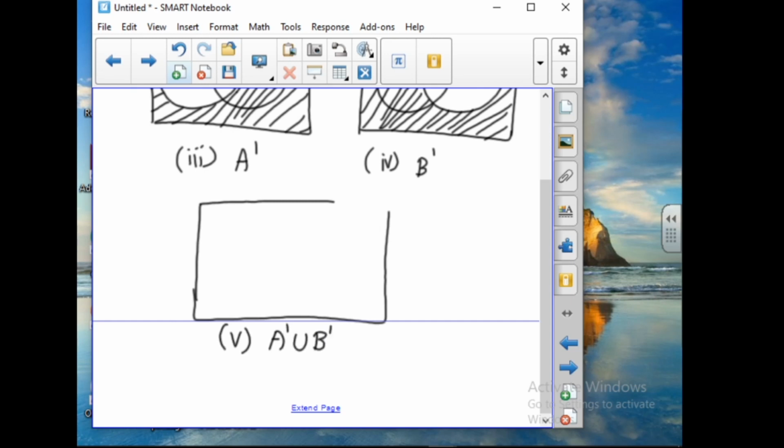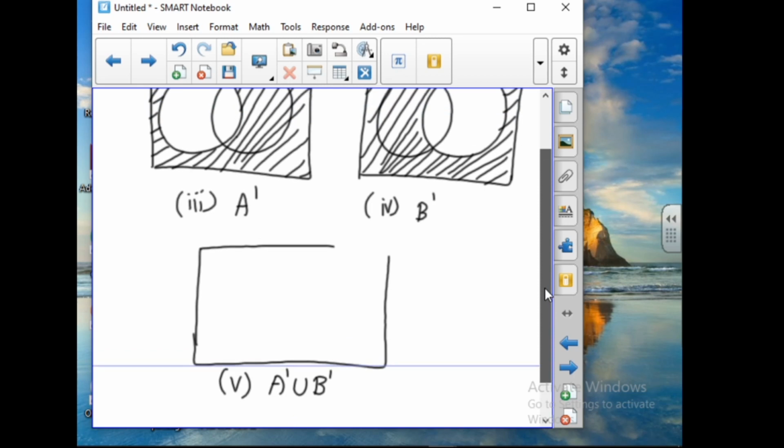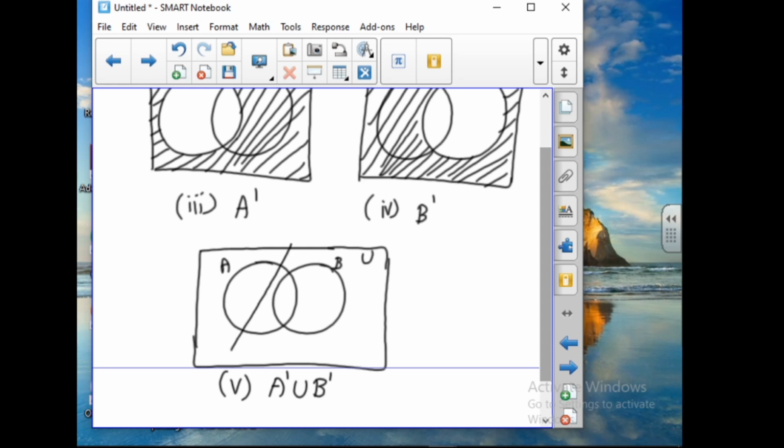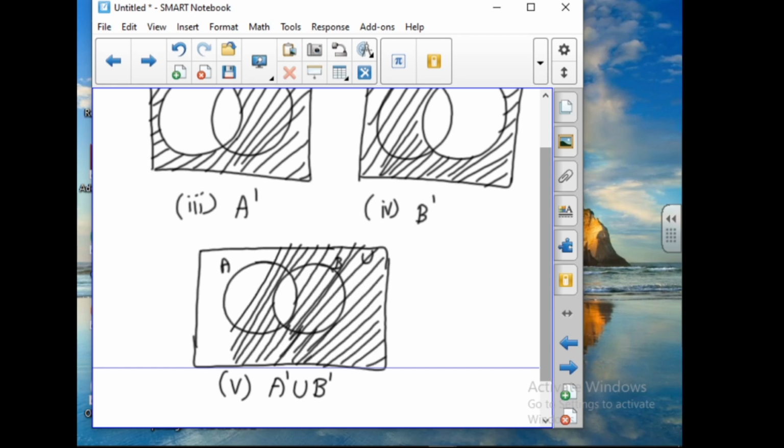That means you have to find the union of the third diagram and the fourth diagram. Okay. So except the intersection part you will get all the shaded region in the universal set. Okay.